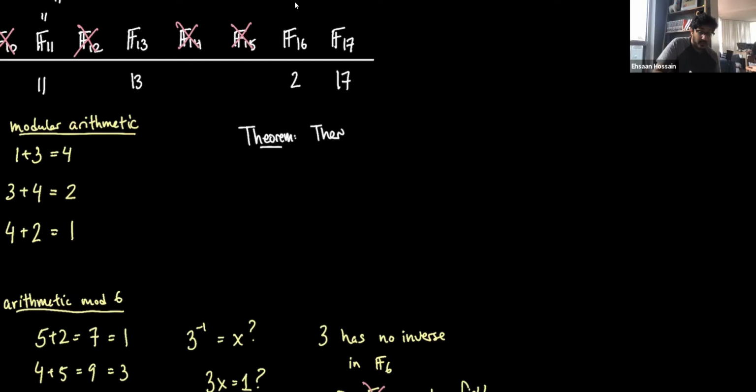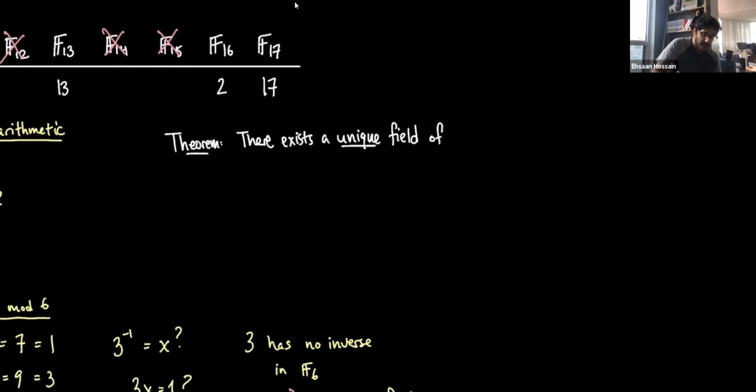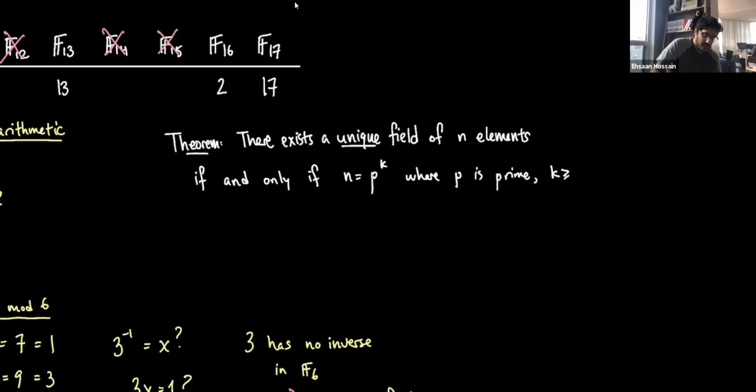There exists a unique field of n elements if and only if n is equal to some prime power. N equals p to the k, where p is prime and k is greater than or equal to 1. This is a theorem.